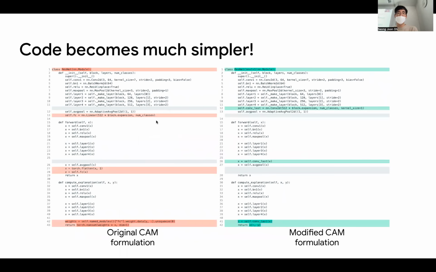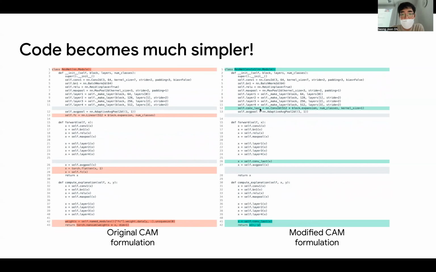So in terms of code, it amounts to change a few parts in your model.py code. So instead of ResNet, you now have ResNet conv 1x1. So the left is the original model, original ResNet with original CAM formulation. So you have average pooling layer and then FC layer, right?